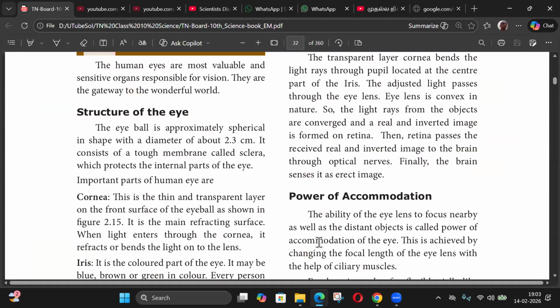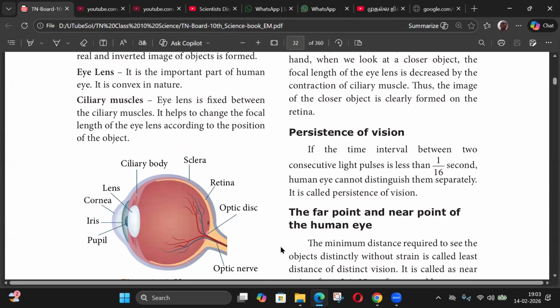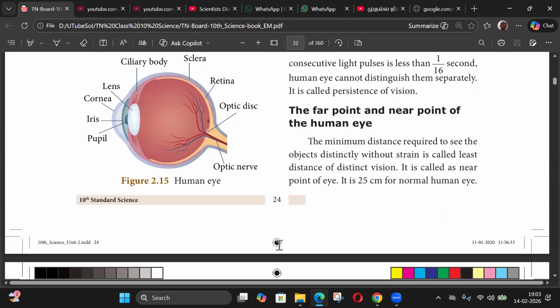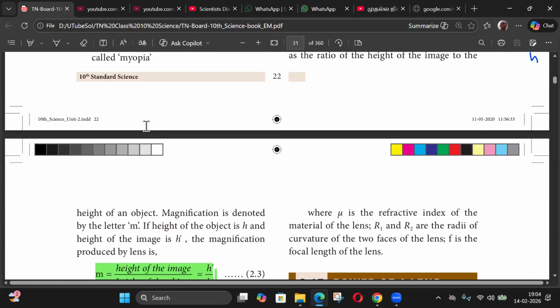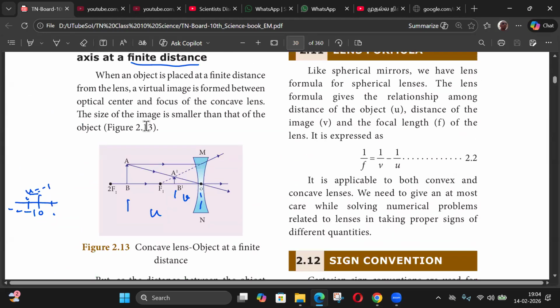What is the difference between the eye lens and a lab lens? This is the lens in the eye, right? You know what a lab lens is, right?